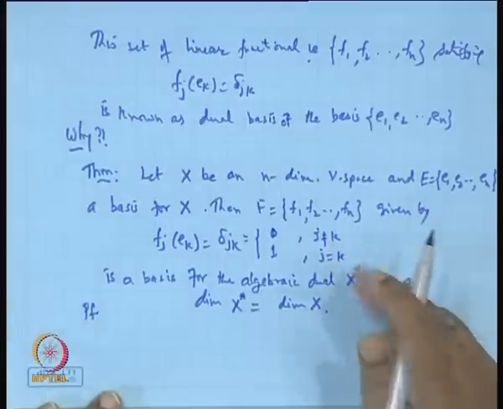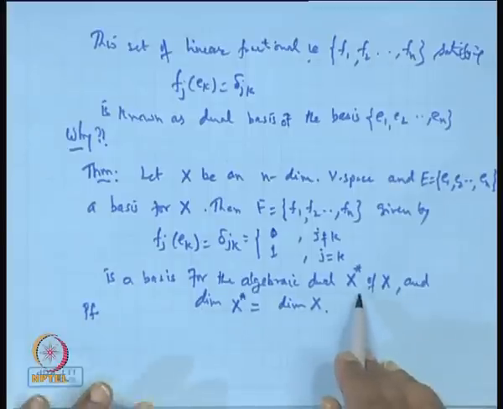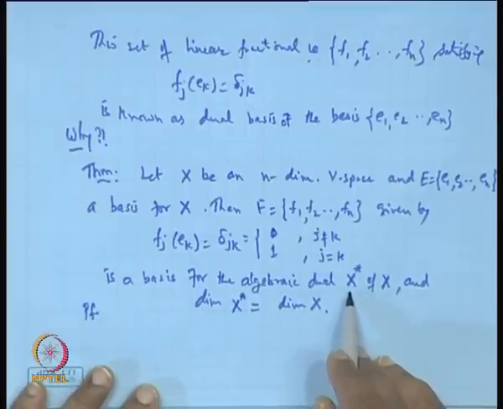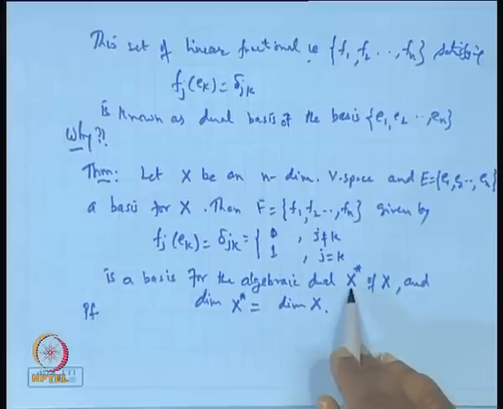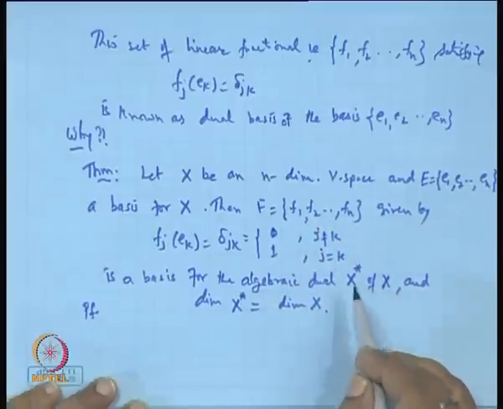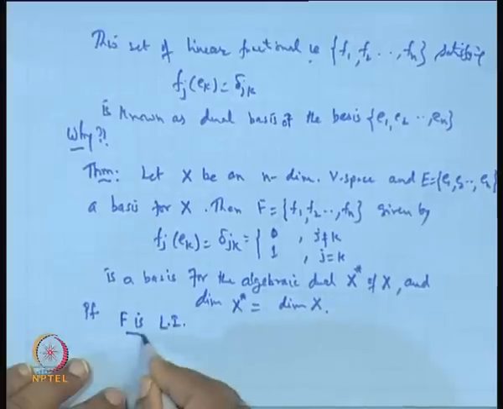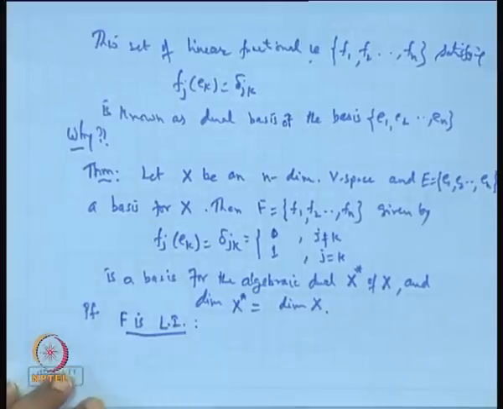So, we wanted to show that this class F is a basis for the dual x star. It means x star is the set of linear functionals, so this set must be linearly independent and it should span x star. So, first is F is linearly independent. This we wanted to show.